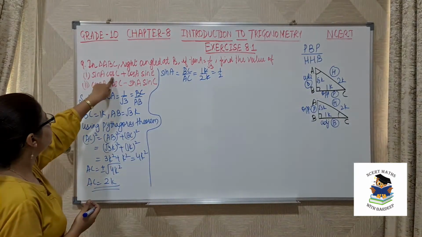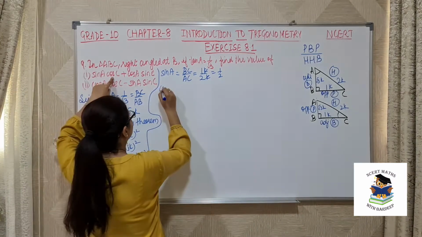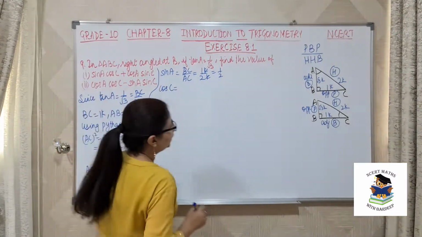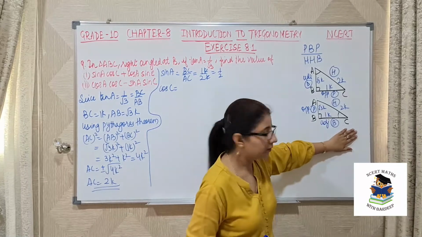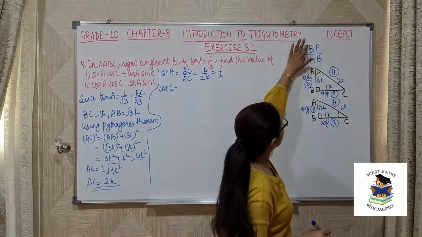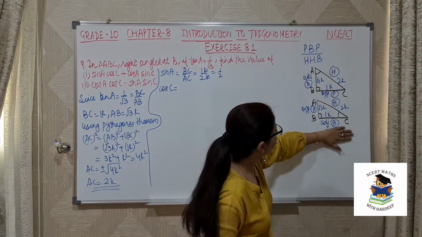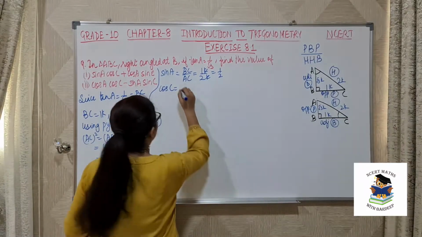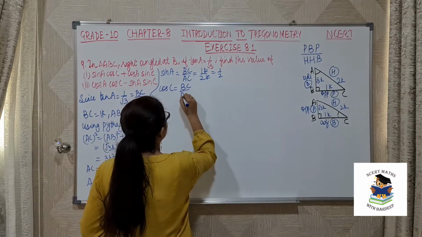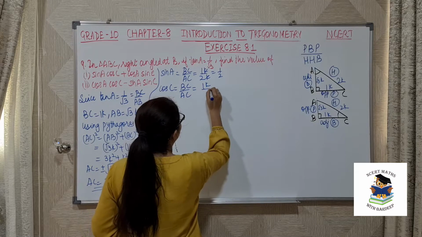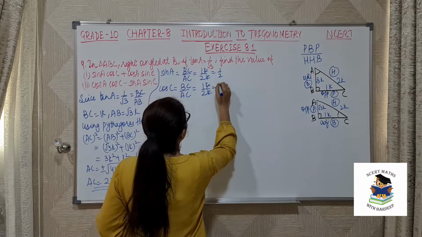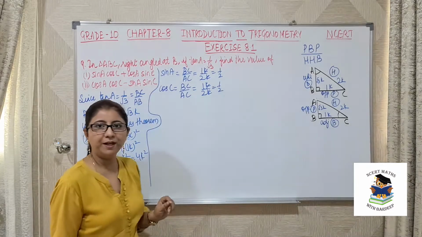Second ratio needed is cos C. Okay. So this is angle C. So for this cos, ratio is base by hypotenuse. So base is BC and hypotenuse is AC. So this is again 1K over 2K. So value is 1 by 2.